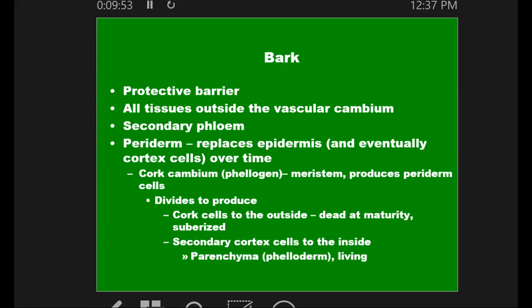Okay. And so they get to their full size, they get the signal to go ahead and die off. But before they die off, the cell wall will get impregnated with suberin wax. So suberin is a type of wax. And again, it makes sense that the bark, outermost layer of the stem, is going to have some water retaining properties.